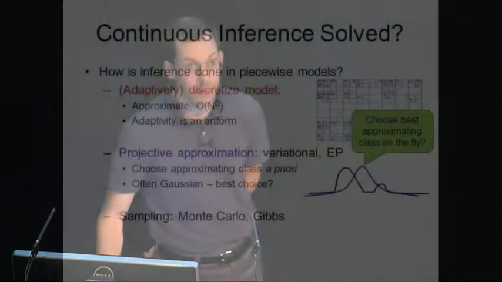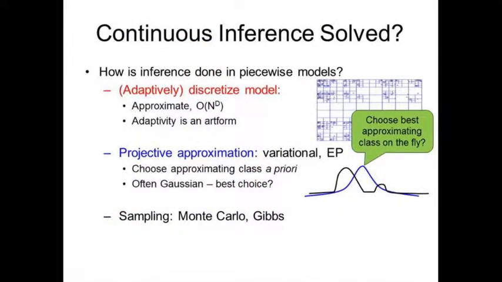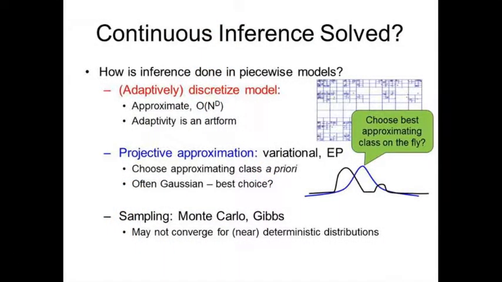Finally, sampling. Sampling is a staple of continuous inference going back to BUGS. It is effective. It does work in practice, but there are a few cases where it does not work. We know that if the distributions are near deterministic or deterministic, it's not going to converge, or not going to converge quickly.